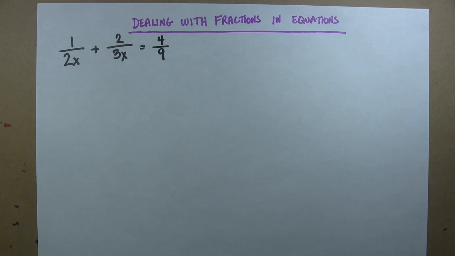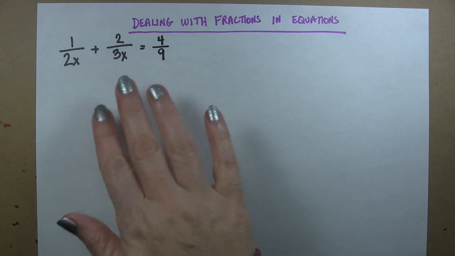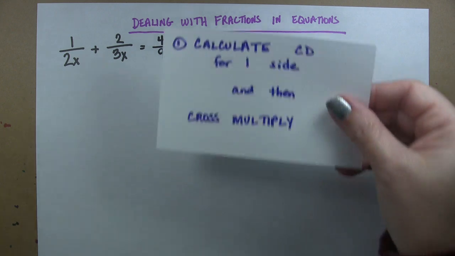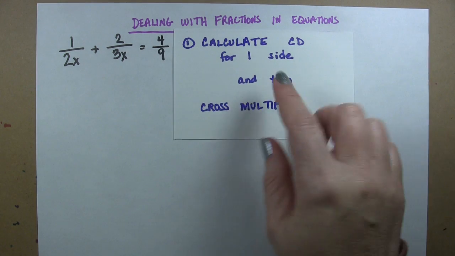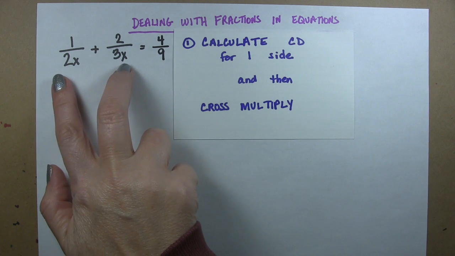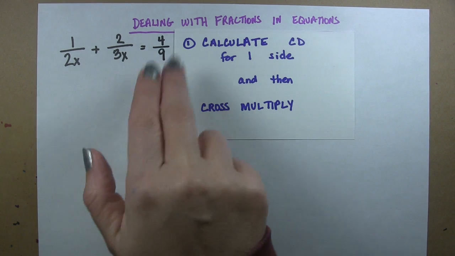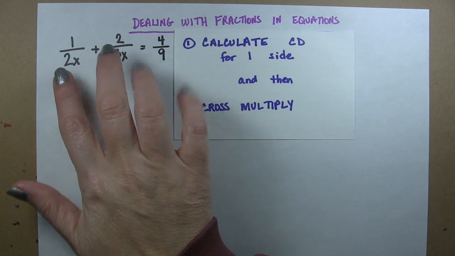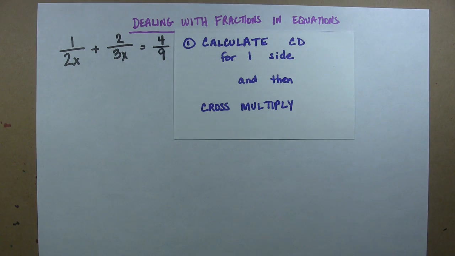What we are going to learn in this video are 3 different ways to approach solving this problem. The first way is that we are going to calculate our common denominator for just one side of the equation, and then we'll cross multiply because we'll wind up with 2 fractions set equal to each other.